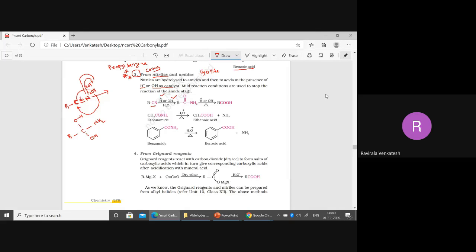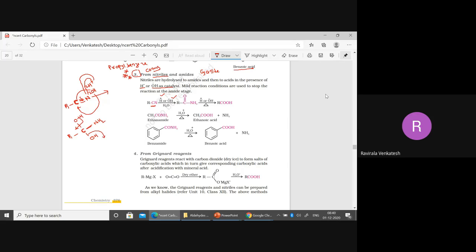Now remove the pi bonds, keep only the sigma bonds. Already you know, if a carbon has two or more OH groups, it undergoes dehydration. Now this bond will shift over here and this bond will be removed.